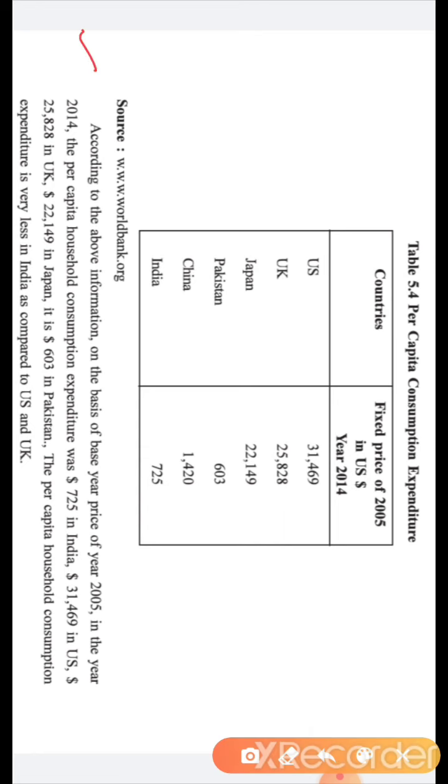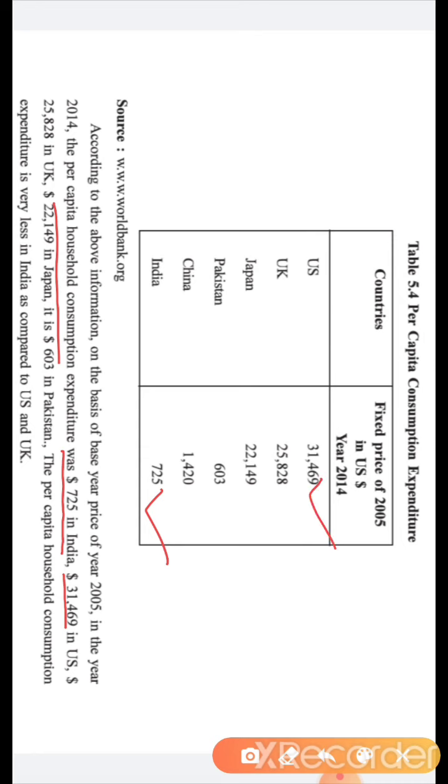Now we will analyze the table according to the above information on the base of base year price of the year 2005. In the year 2014, the per capita household consumption expenditure was $725 in India. In India, how much? $725, and $31,469 in US.